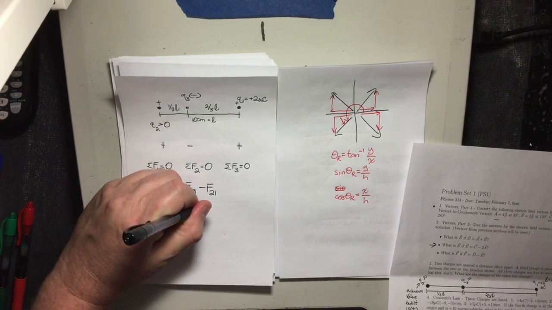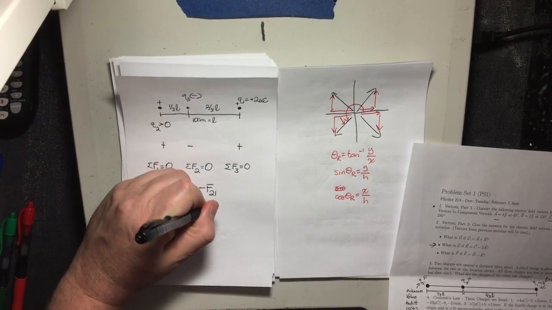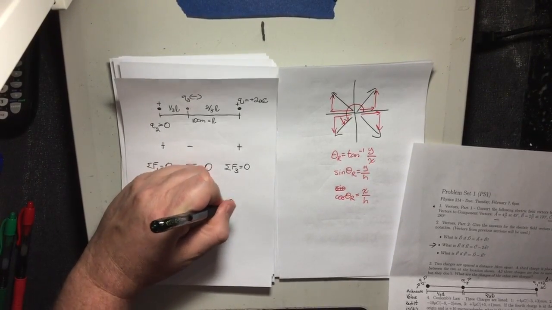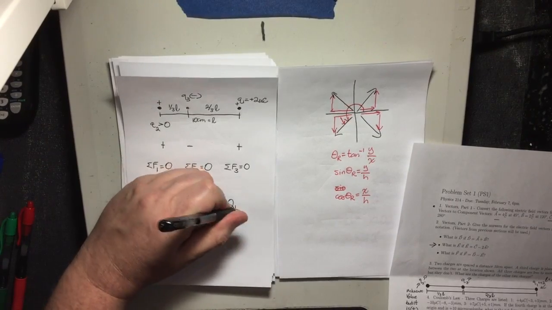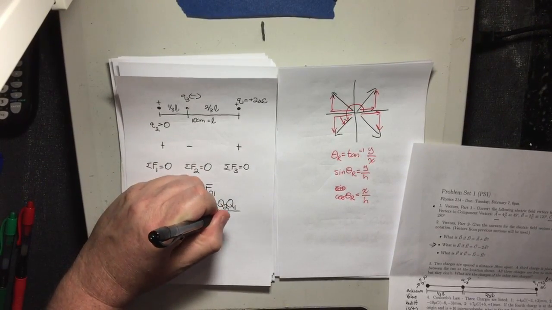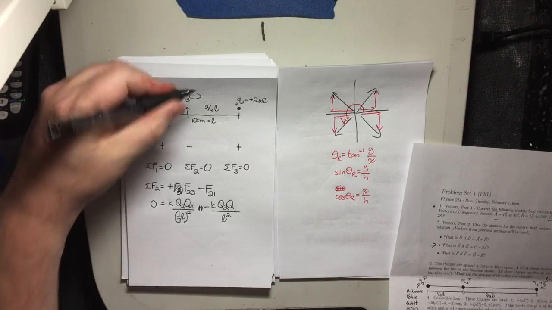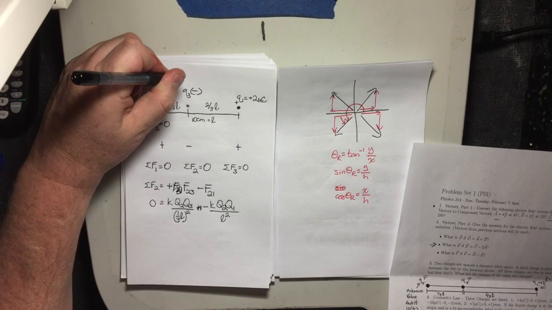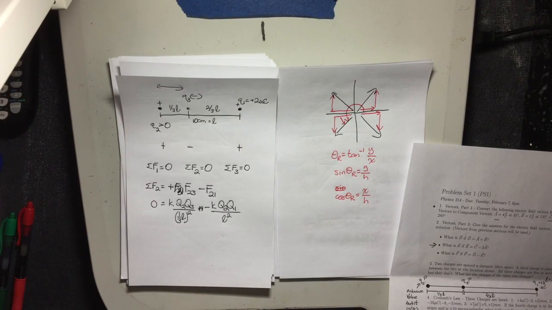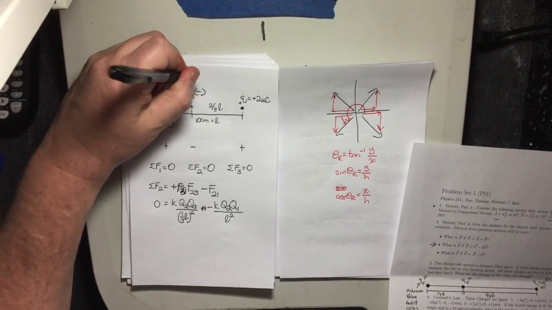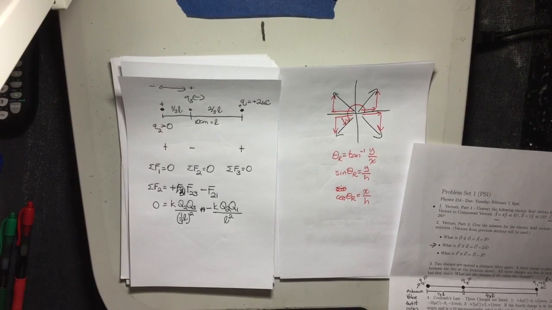So this becomes minus K Q2 Q1 over L squared. Are you just considering any force that moves to the left to be negative? Yes. Okay. We're setting up, thank you, because one of the things that I've been stressing to the 213s is define negative direction, define positive direction. So left is negative, right is positive.